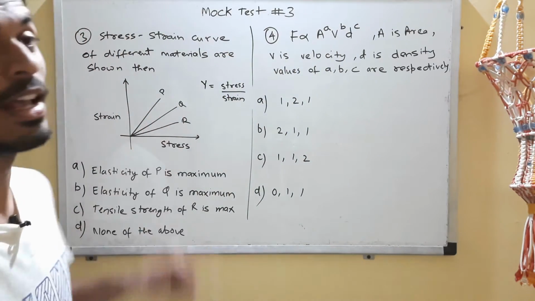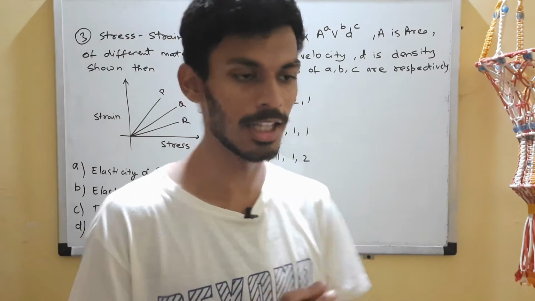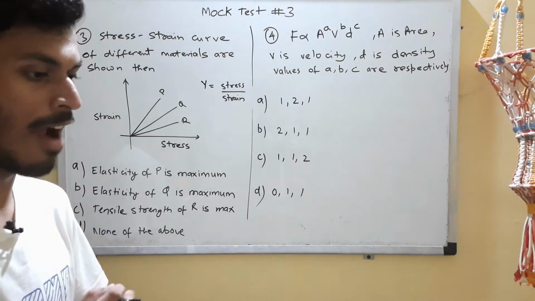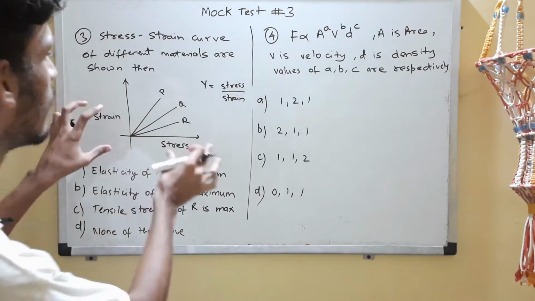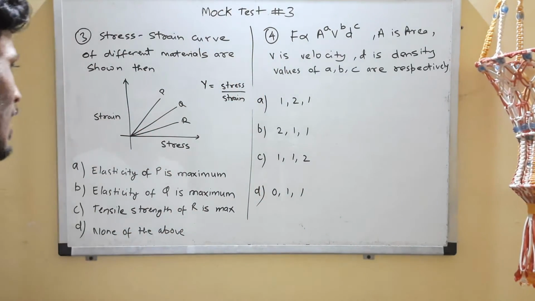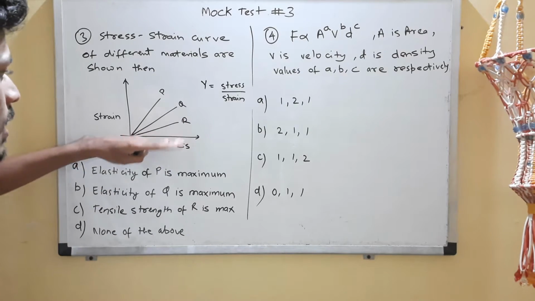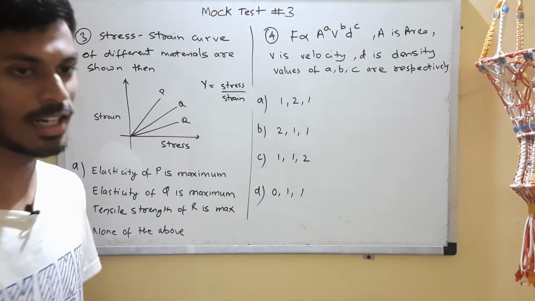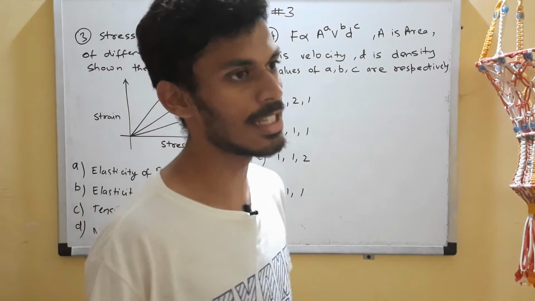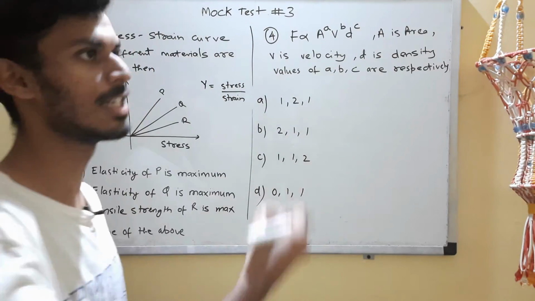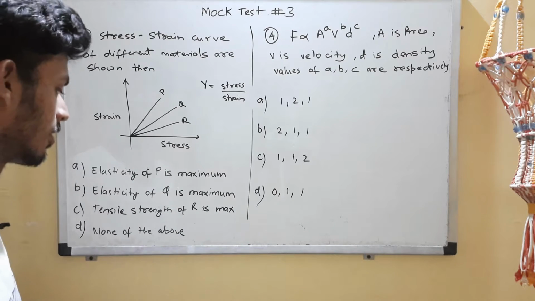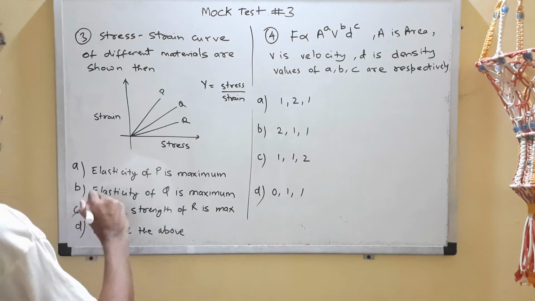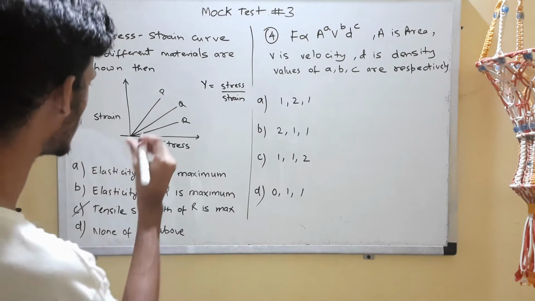So the line with the least slope will have the highest Young's modulus, because Young's modulus is inversely proportional to slope in this case. If you see, R makes the least angle with the x-axis, so tan theta will be least for it and hence slope will be least, hence Young's modulus will be highest for R. Or you can also see it this way.